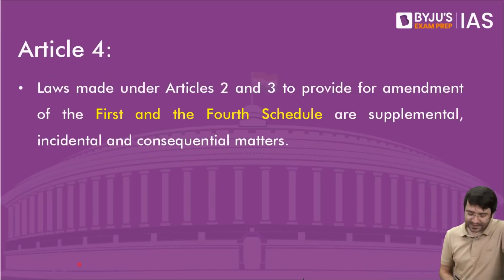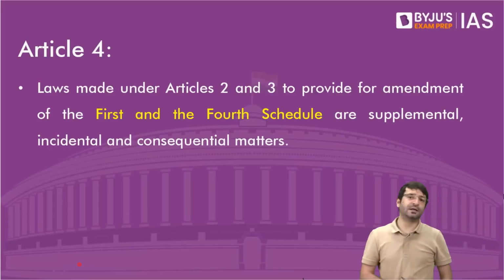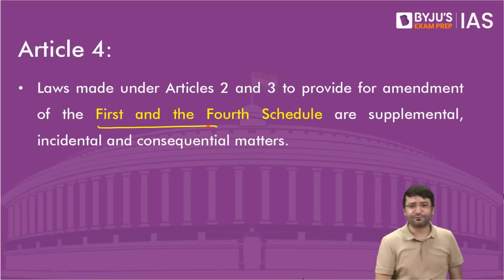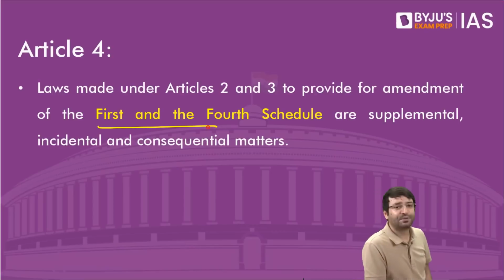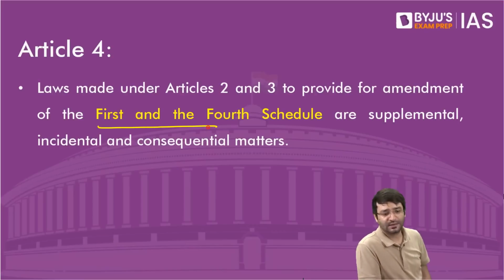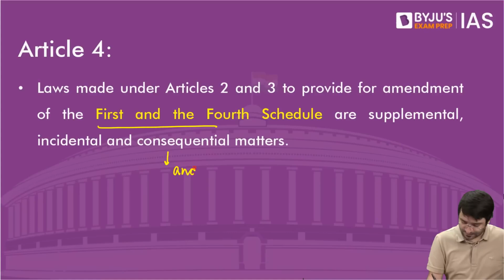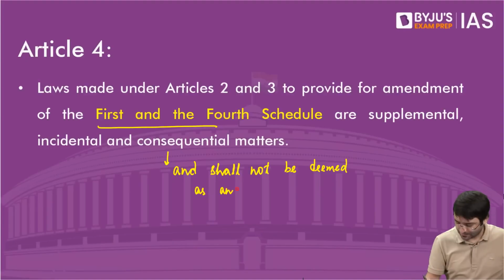Article 4 says, laws made under Article 2 and 3 to provide for amendment to the first and the fourth schedule are supplemental, incidental, and consequential matters, and shall not be deemed as an amendment to the Constitution.